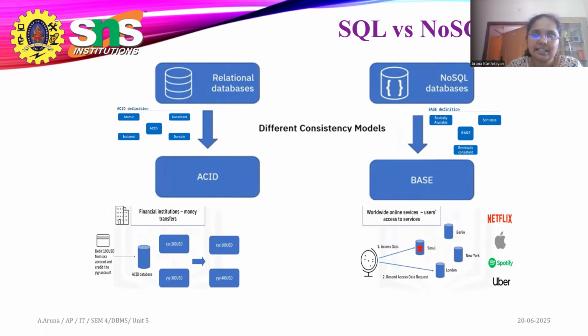Nowadays, in the latest technology, SQL and NoSQL are being combined to form another type of database, called a new database, because some properties are good in NoSQL and some are good in SQL. Both can be combined together to form what is called a NewSQL database. In real-time applications, if you use a NoSQL database, for security purposes we have to go for another set of applications to secure the database.